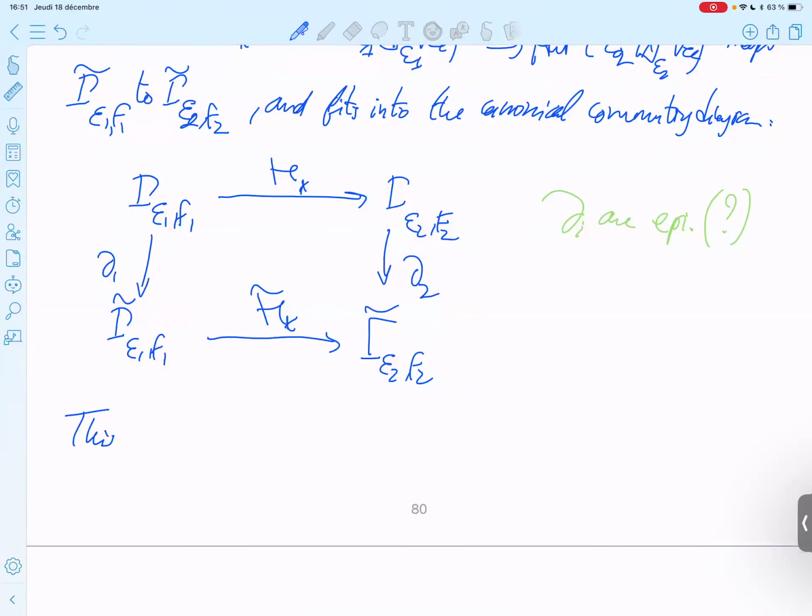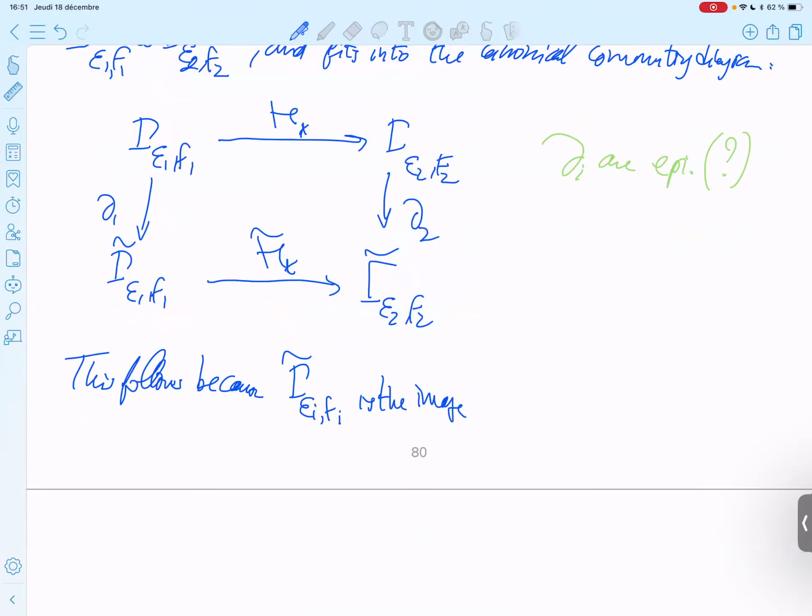So this follows because gamma tilde Fi is the image. Oh yeah, here you have a very, very long sentence. Image of gamma Fi included in... So this is there.